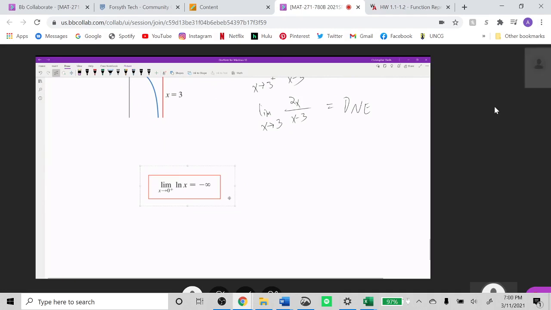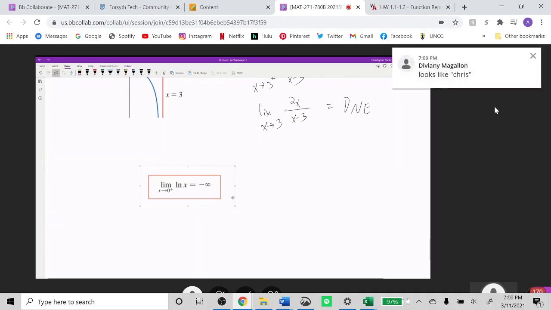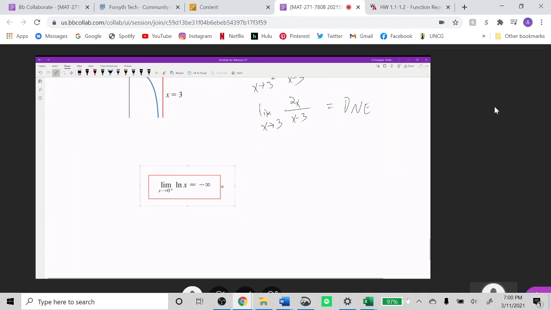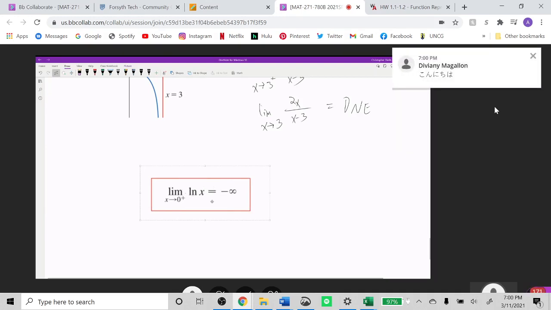The vertical asymptote of the natural logarithm is negative infinity. So this specifically only has a one-sided limit. This doesn't have a two-sided limit or a regular limit because, well, we can't approach x from the left with this logarithm, can we?